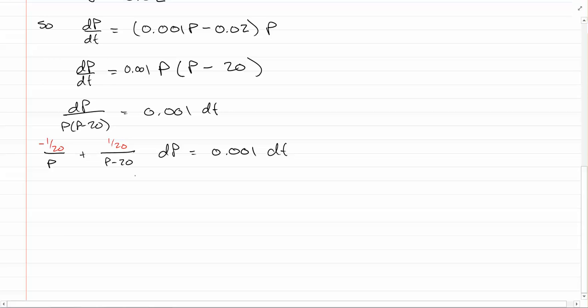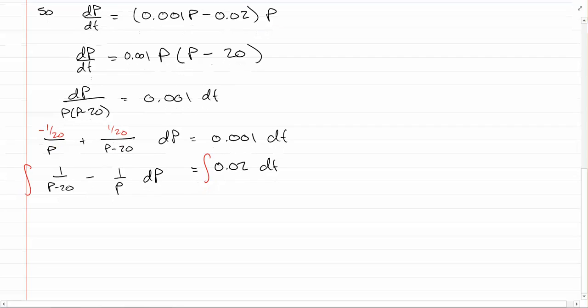Let's multiply both sides by 20 to get rid of those fractions. So 0.001 times 20 would be 0.02. And I'm going to reverse the order here because this one is negative. So I'd have 1 over p minus 20 minus 1 over p, all dp. Now I can integrate.